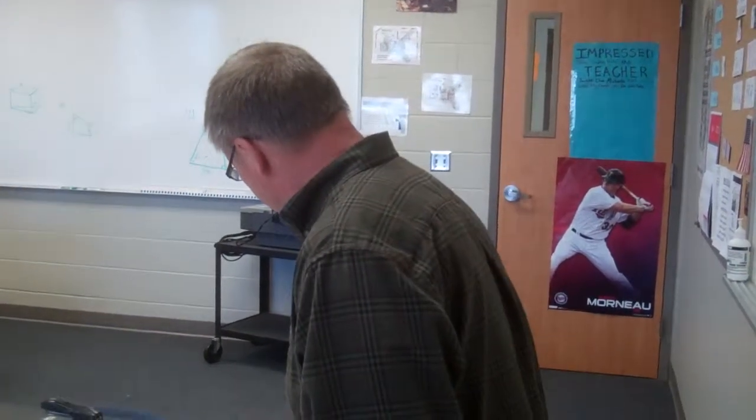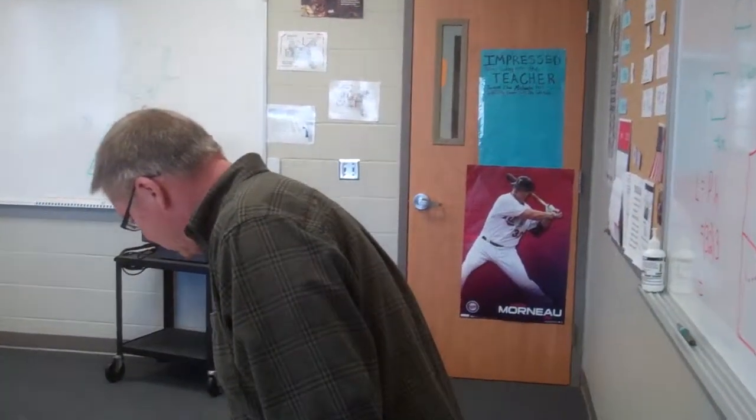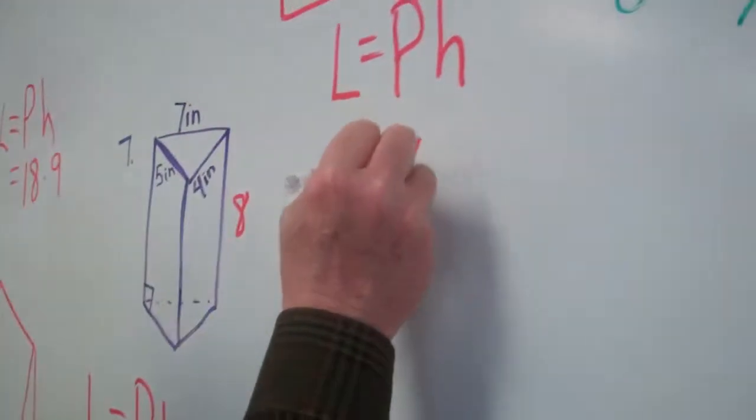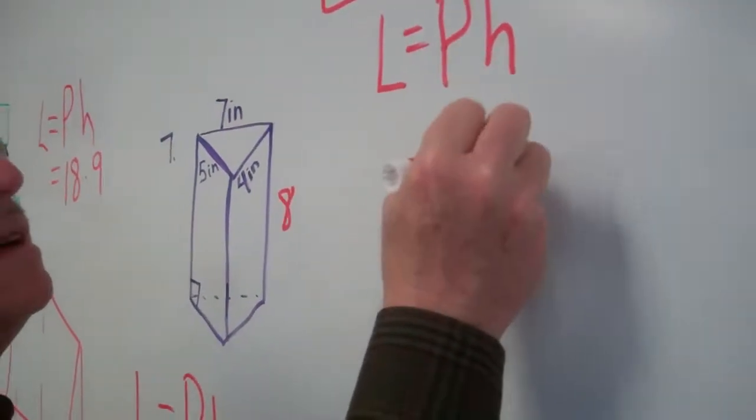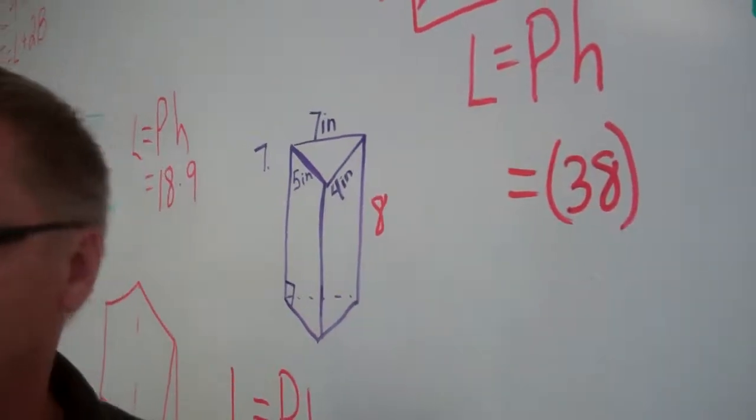What are you thinking for the perimeter, Nathan? I got 38 for the perimeter. Is that 2 plus 2 plus 2 plus 2 plus 2 plus 2 plus 2 plus 2 plus 7 plus 4 plus 4? Yes. You didn't use that 9, did you? I did not. Nice. And how much was that? 38. Does anybody want to challenge his 38, or you kind of like that?